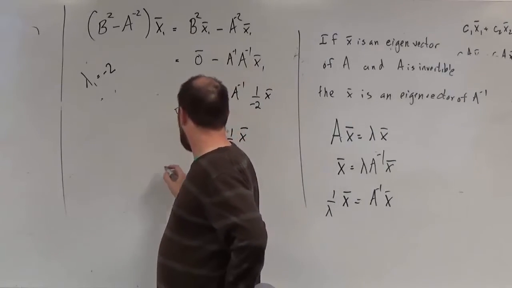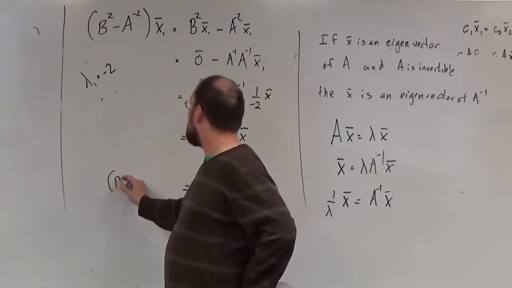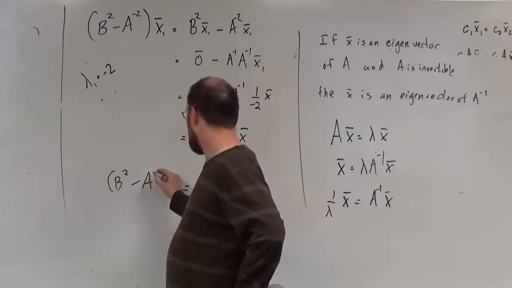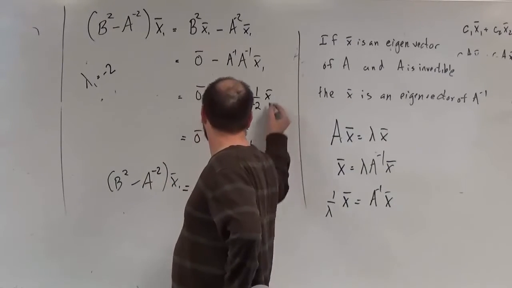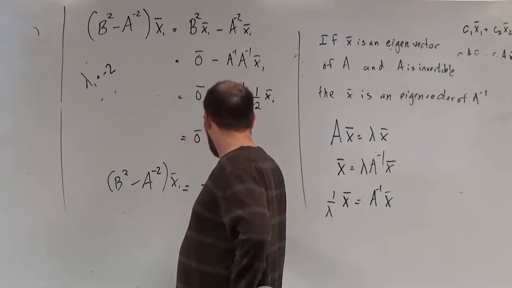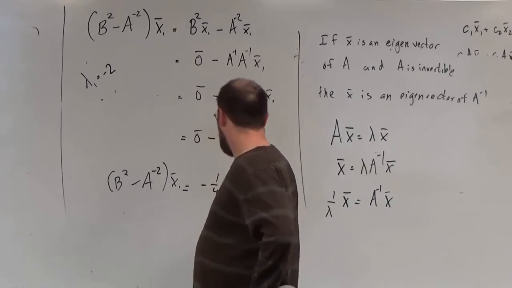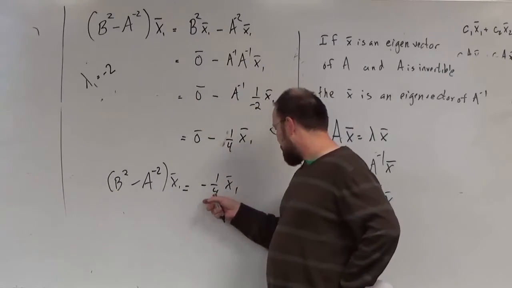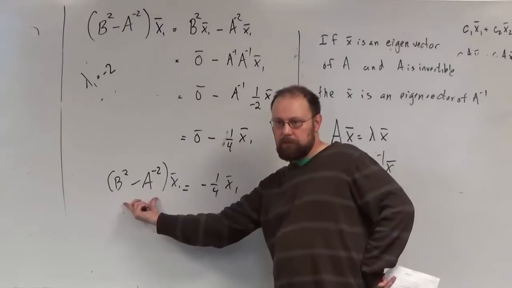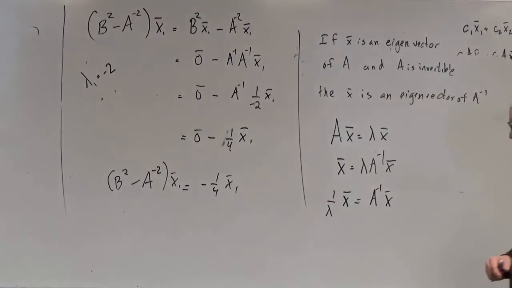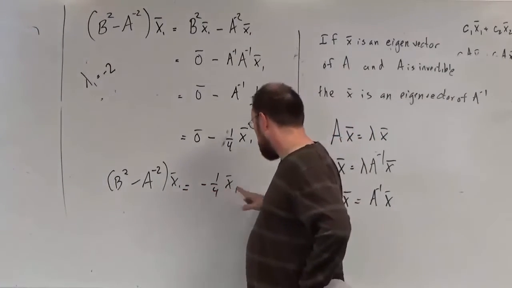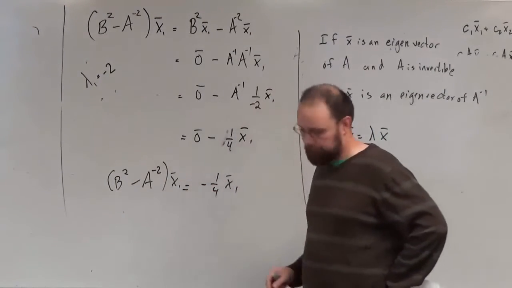So what we have found here finally in summary is this matrix times x is -1/4 times that. So we see that -1/4 is an eigenvalue of this matrix. Right, because the matrix times x is a multiple of x, so it's an eigenvalue.